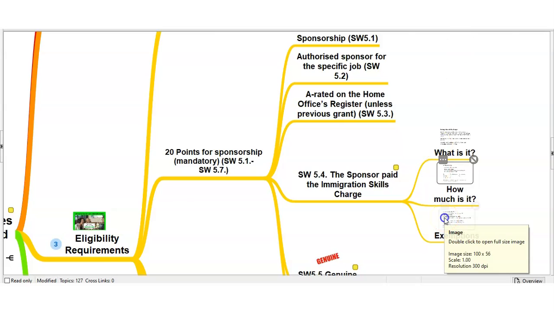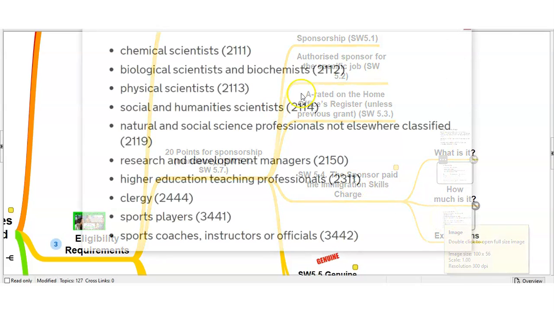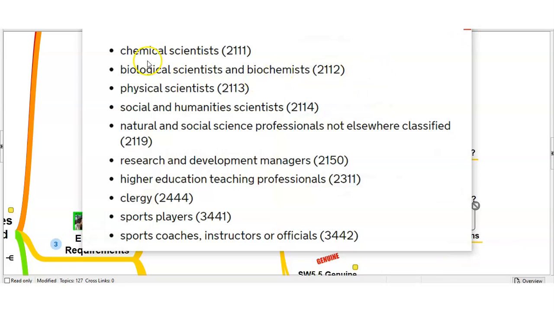And the UK employers will be exempt from paying this charge if they would like to employ their workers in one of these categories.